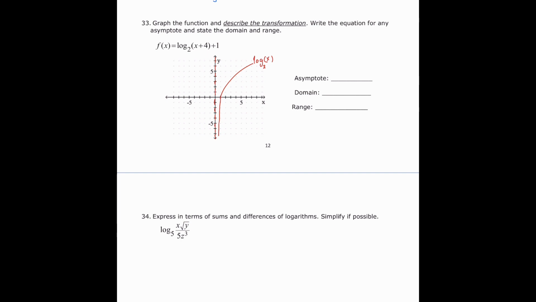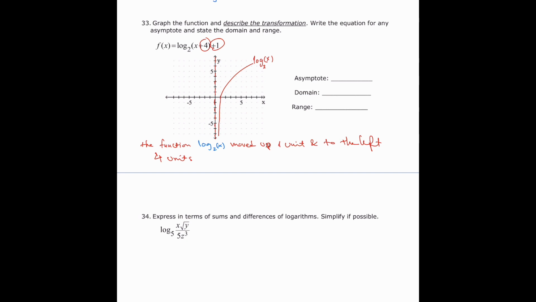This parent function, log base 2 of x, moved up 1 unit, and to the left 4 units. So that is the transformation basically. We don't have any other transformation. So we want to find a vertical asymptote.